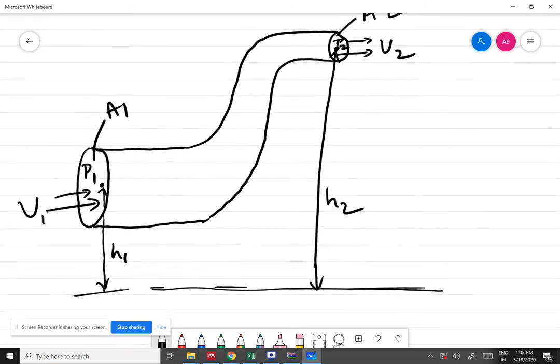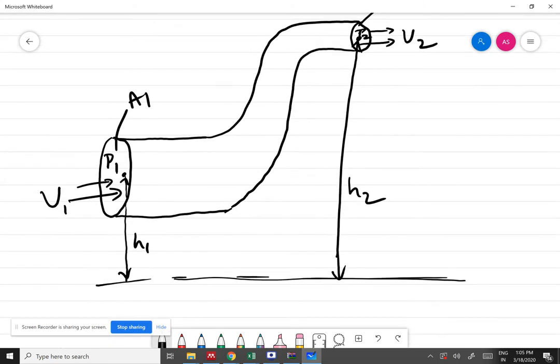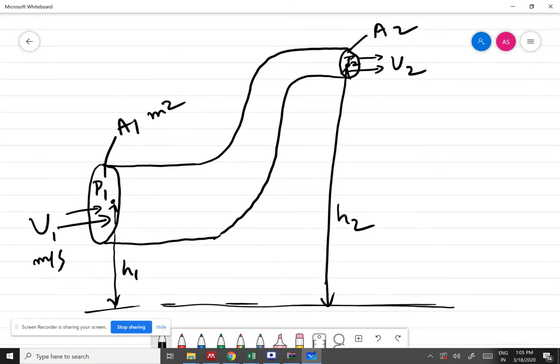Now velocity is given in meters per second and area is in meters squared. So the volume of fluid which moves into this tube per second should be equal to the volume of fluid which comes out of this tube per second.